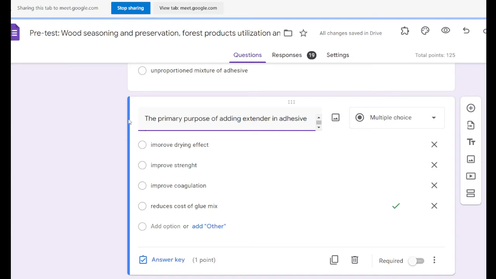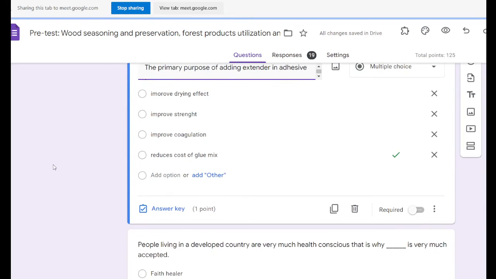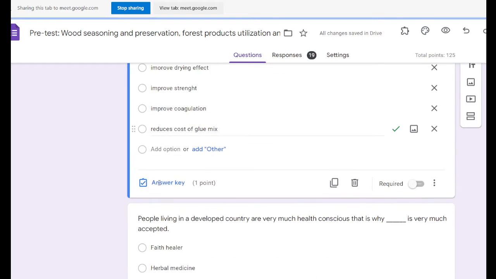As long as you add an extender, it does not have a big impact on the adhesion properties of your material. If plywood, usually plywood uses urea formaldehyde glue. So you add an extender so you use less urea formaldehyde, but it has no impact on its adhesive property. So you're just trying to reduce the cost.